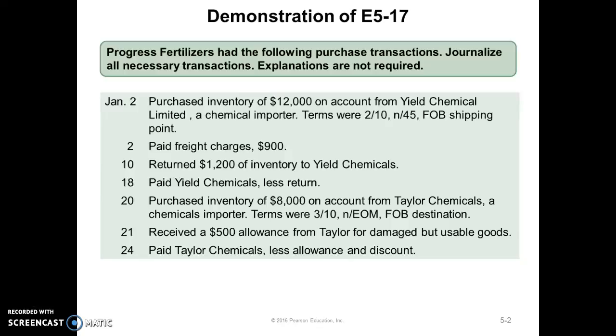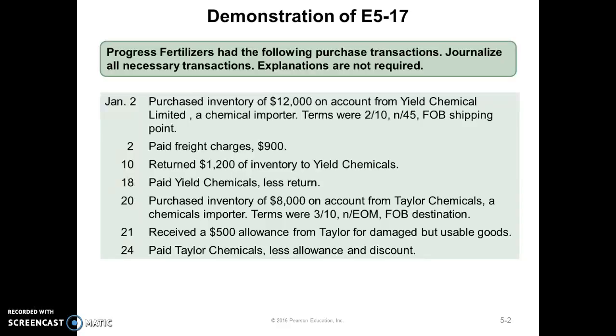When it's FOB destination, that means the inventory does not belong to you until it actually reaches its destination. So whatever plant that you own, whenever it reaches that destination, it becomes yours. And normally you don't pay any freight charges in that case. The person that's shipping it will pay the freight charges.